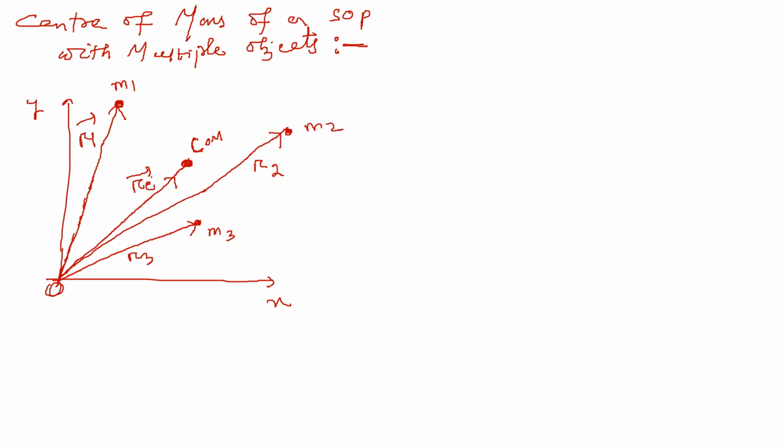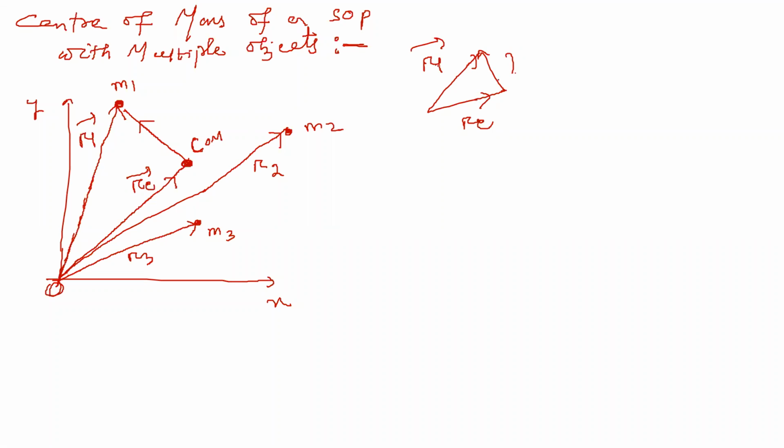Students, understood? Let me find, because we want the mass moment of M1 with respect to the center of mass, what will be this distance? If I go for the triangle law, if this one is RC and this one is R1, this is the resultant vector.